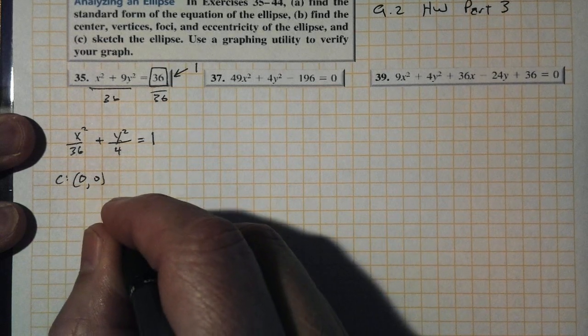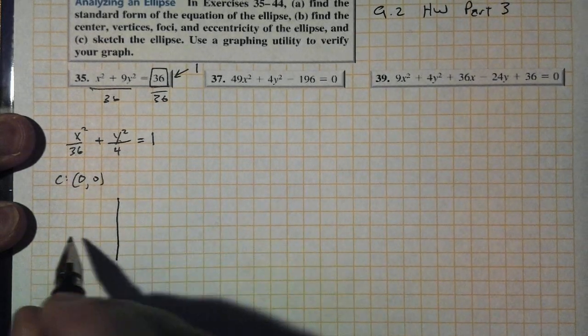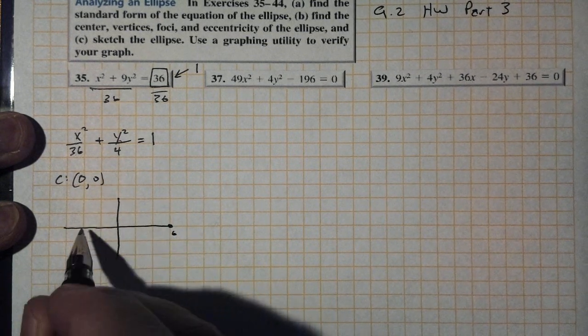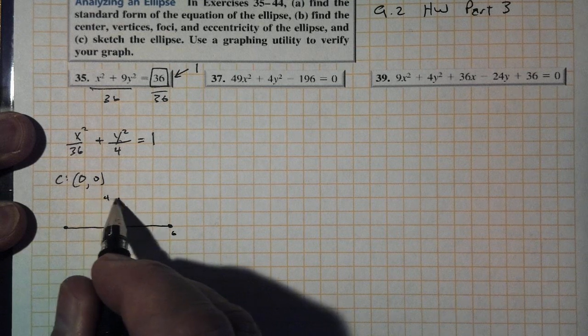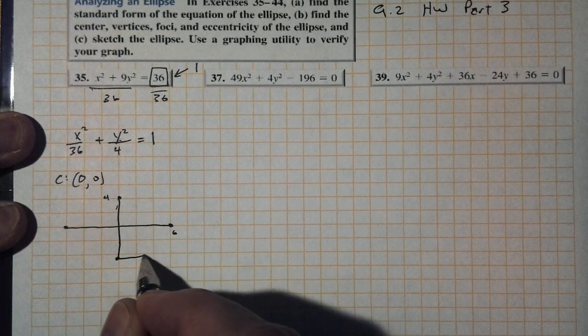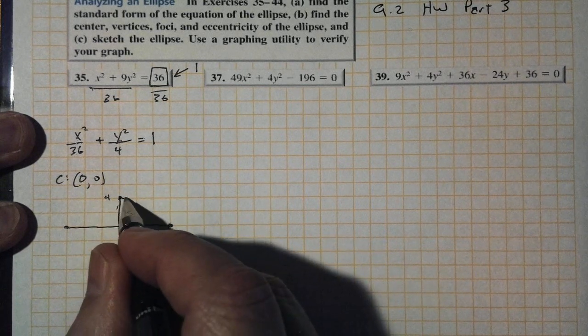So let's just do this. Right and left 6, up and down 4. They look like this.